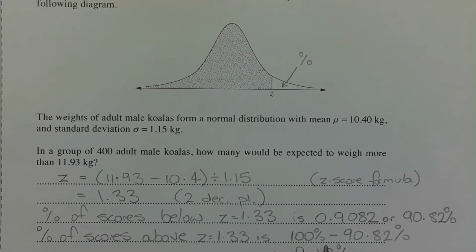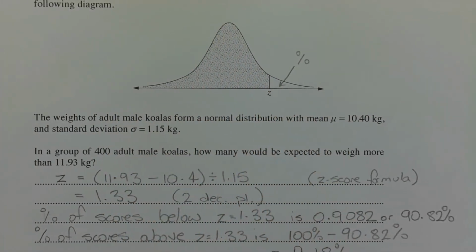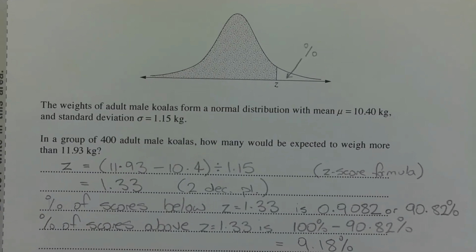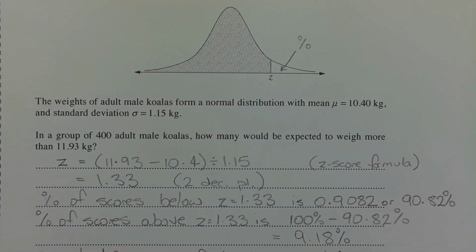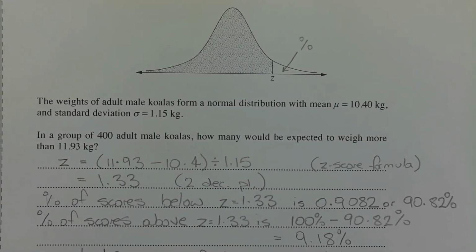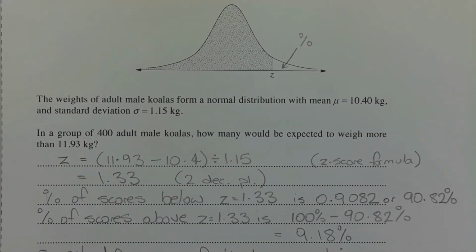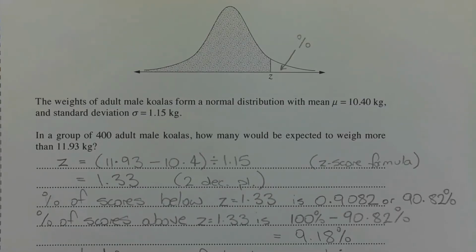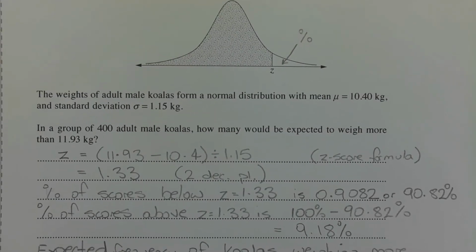And that's found by 100% minus 90.82%, since 100% of scores are contained in the normal distribution. So really what we're doing is finding the complement of 90.82%, and that's 9.18%. So in other words, 9.18% of koalas will have a mass or a weight greater than 11.93 kilograms.